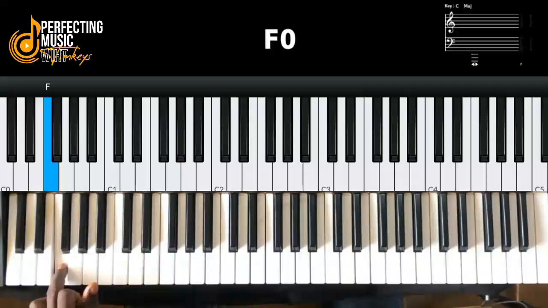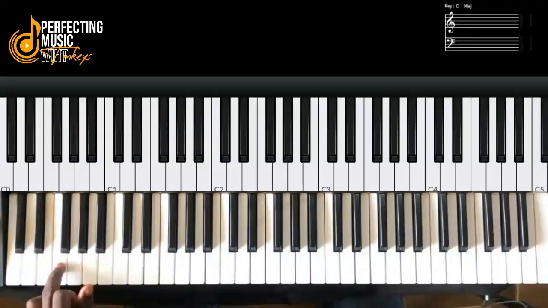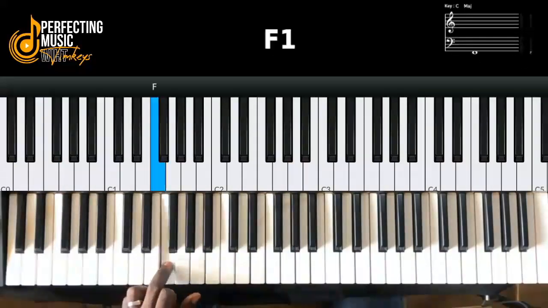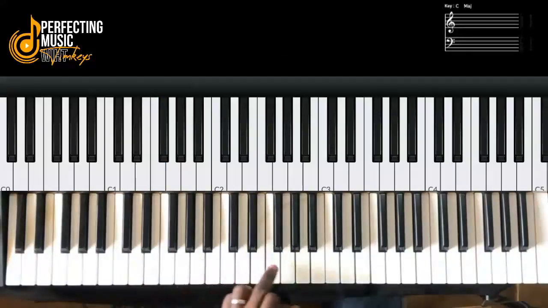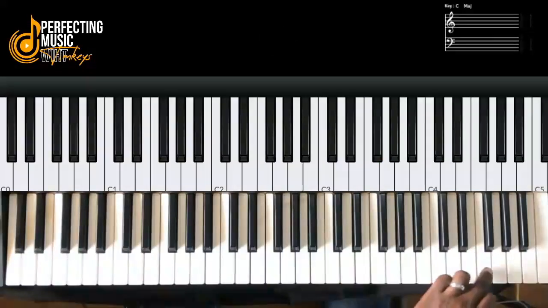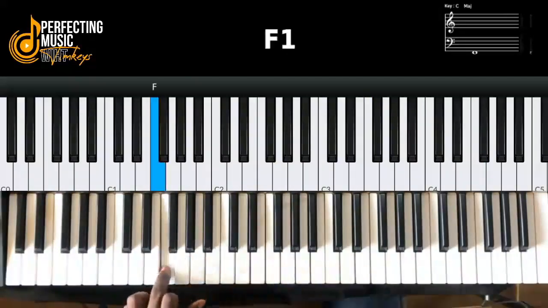Don't mind the 0 there. That is F. Look on that middle keyboard there. You see the F written there with the blue color. So we have another F here, another F here. Notice that on every three black notes, F is exactly on the left.